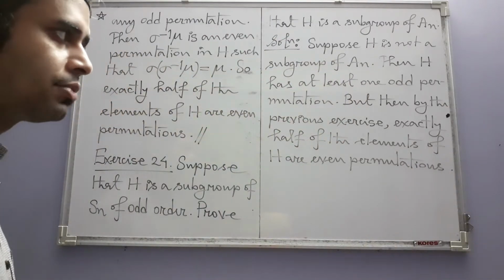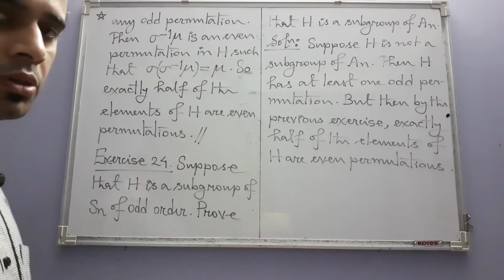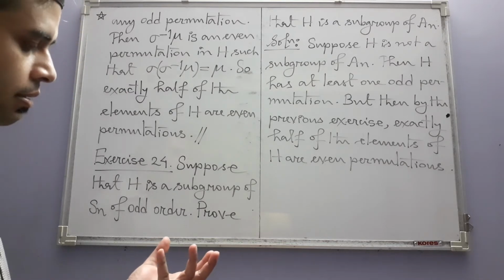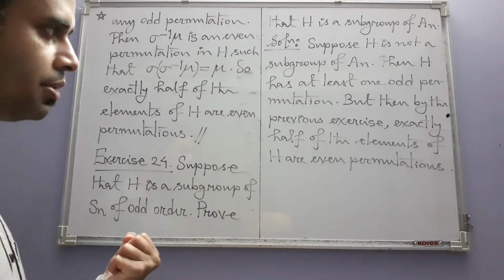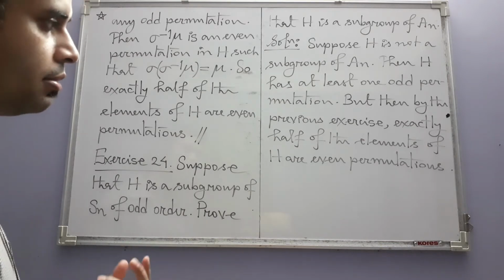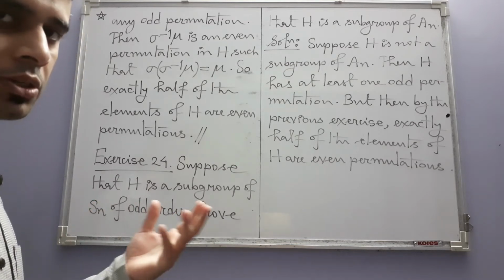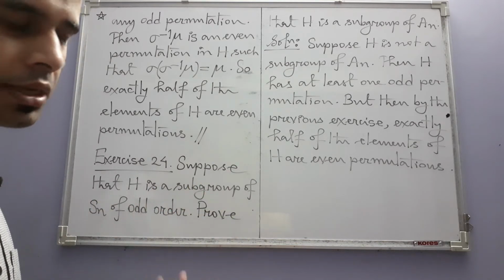But half of the elements of H are even permutations means, among other things, that half of the elements can be made and can be considered. In other words, H should have an even number of elements, because then only half of it will make sense. No?